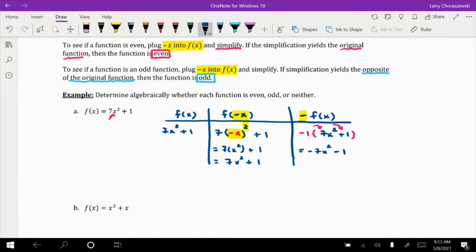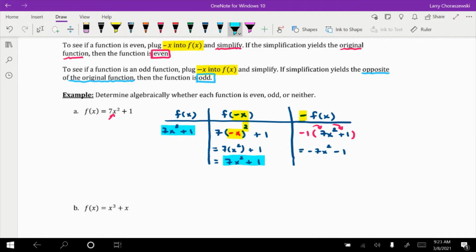Now, do any of these results match the original version of the function? Or do we have any matches within the table? Okay, we have 7x squared plus 1, and that matches up with the result from the second column.